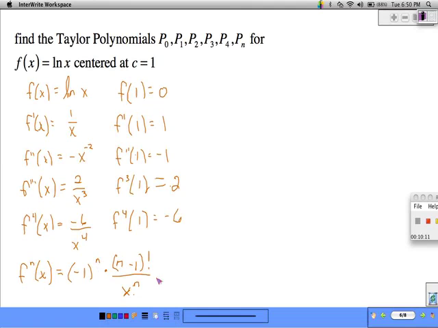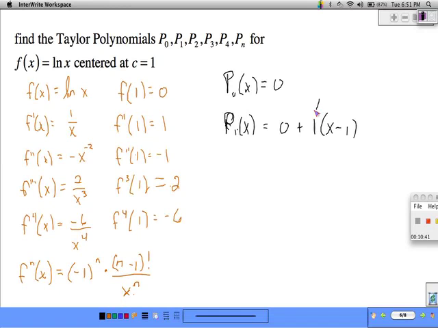I can now write my polynomials. My 0-degree polynomial is just equal to 0. My 1st-degree polynomial would be 0 plus 1 times x minus 1.